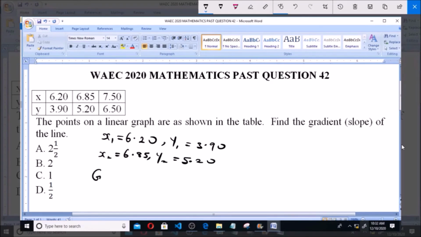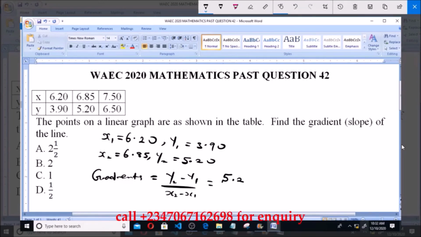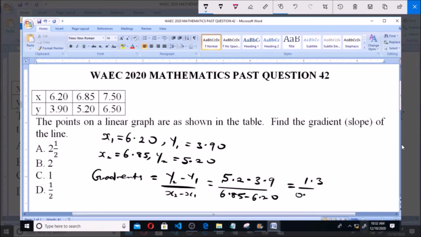Now gradient is equal to y2 minus y1 all over x2 minus x1, and that will be equal to 5.2 minus 3.9 all over 6.85 minus 6.20. Now this is equal to 1.3 all over 0.65, which is equal to 2. So the gradient of this linear graph is 2, and that is option B.